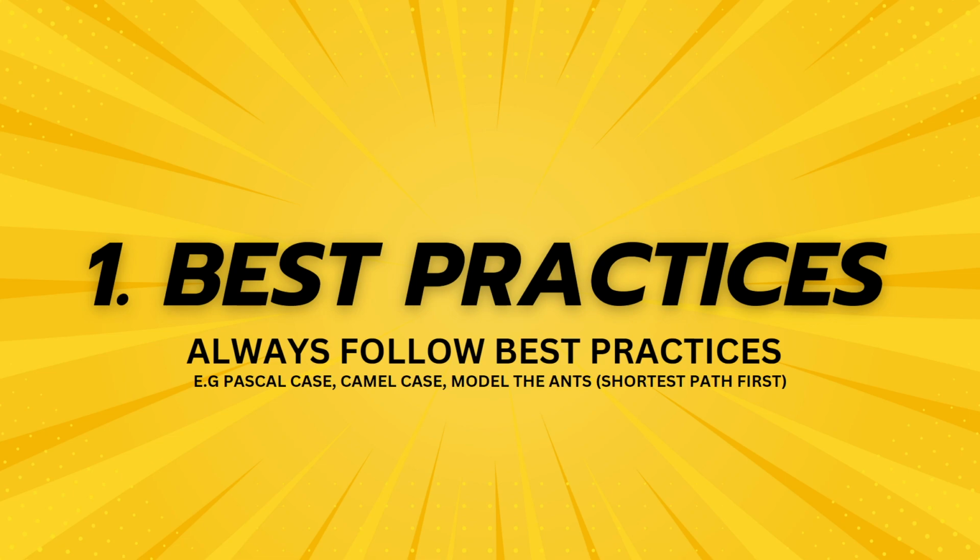For example, when you are in JavaScript, one of the laws of JavaScript is you don't use snake casing for variables. Snake casing is used for variables in Python, not in JavaScript. In JavaScript, if you are naming your variable, we use camel casing.